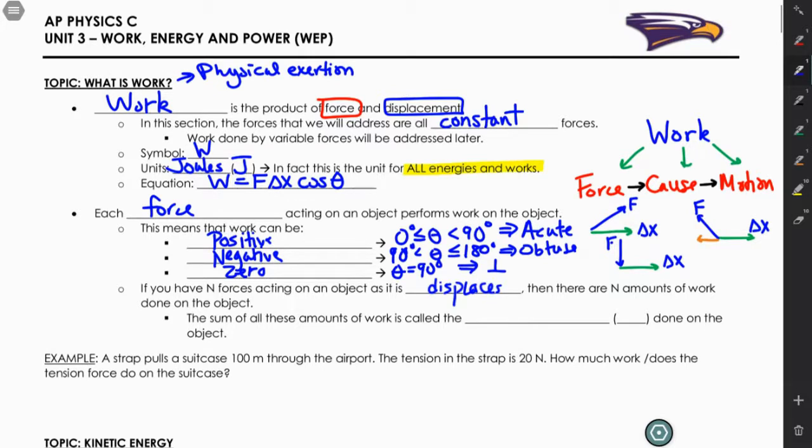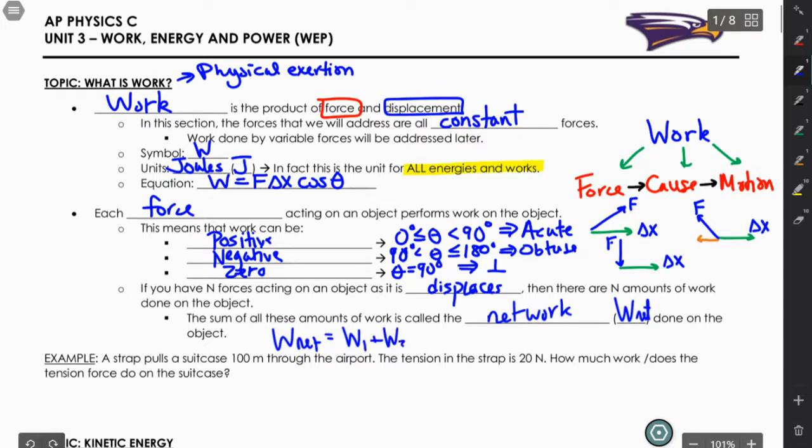The sum of all these is the net work done on it. If you want a mathematical formula, W net, just like when we found net force, is just going to be the sum of all the works. And any force does ultimately do work, aside from perpendicular forces.